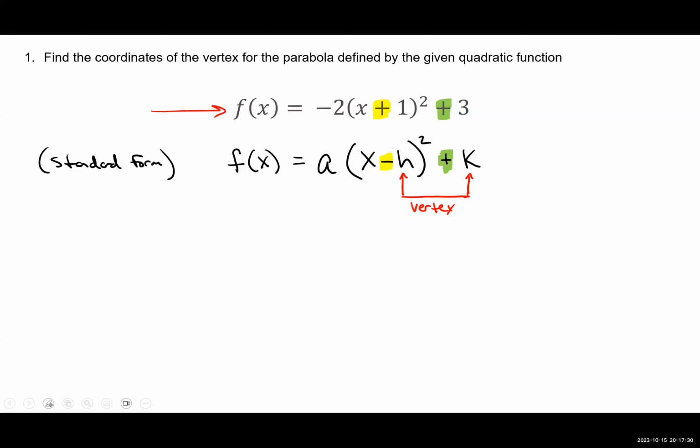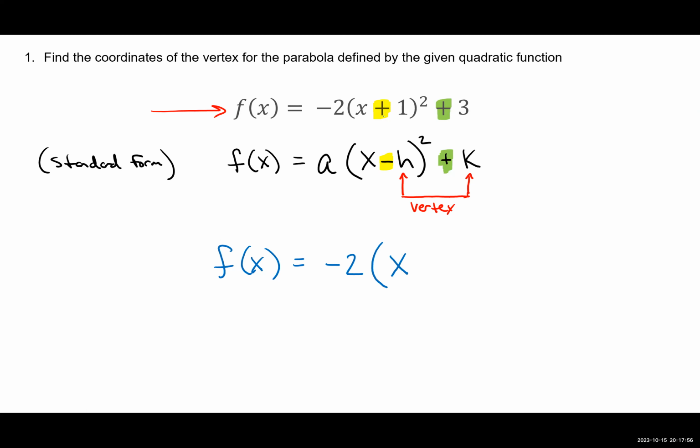That's a problem, but it's not a big problem because we can very easily write that as x minus something. So we could write f of x, and this is what you have to do here, equals negative 2, parentheses.